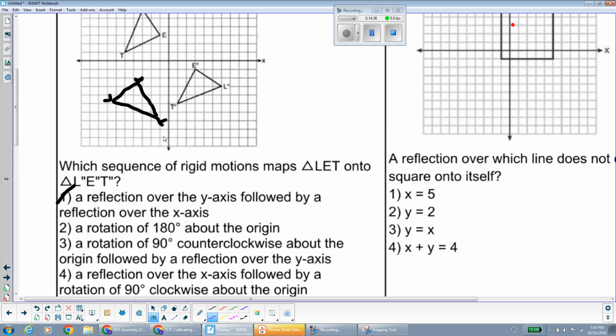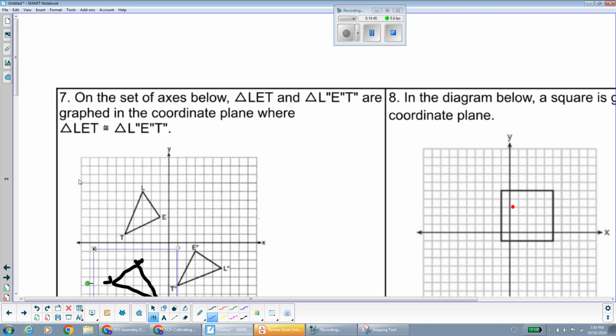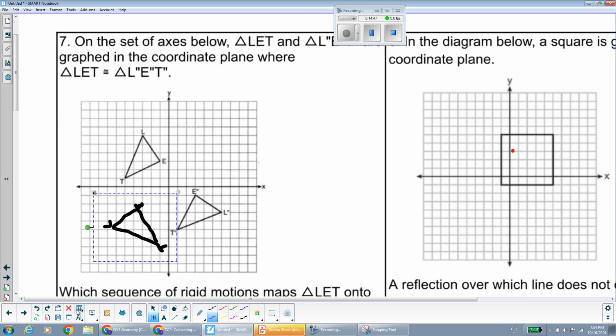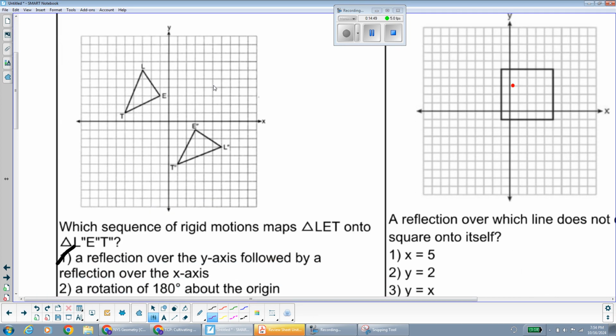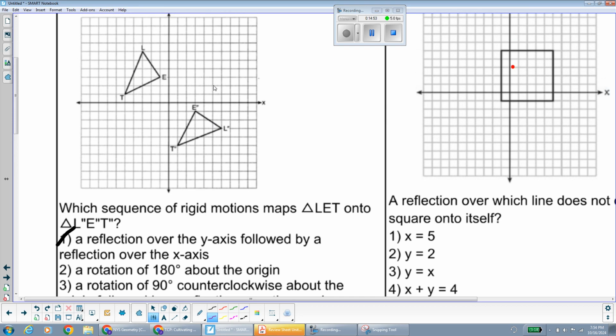And finally, the last one. 4 is a reflection over the x-axis, followed by a rotation of 90 degrees clockwise. If we're reflecting over the x-axis, the entire triangle is going to flip over.